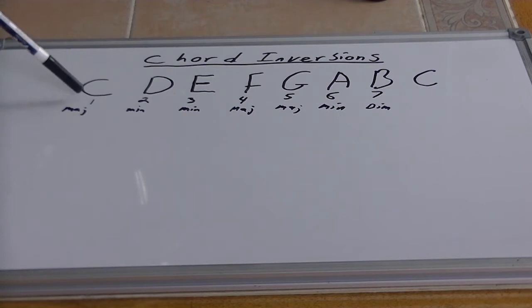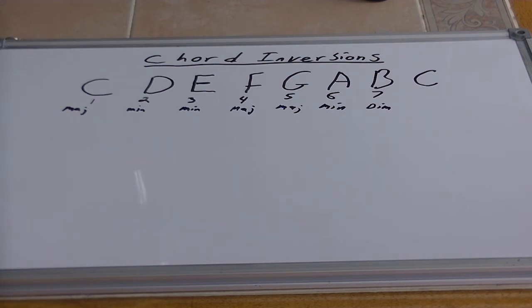I have the number 1 here to represent the C note as the first note in the scale. And I also have written underneath the numbers whether the scale tone chords associated with this scale are major or minor. What we have here essentially represents the key of C major.